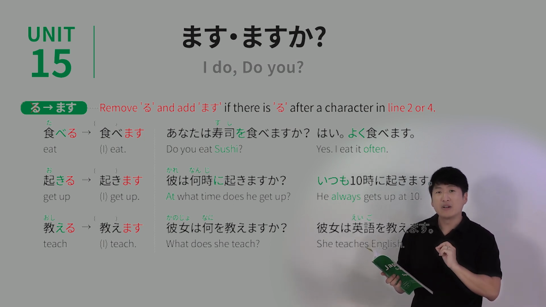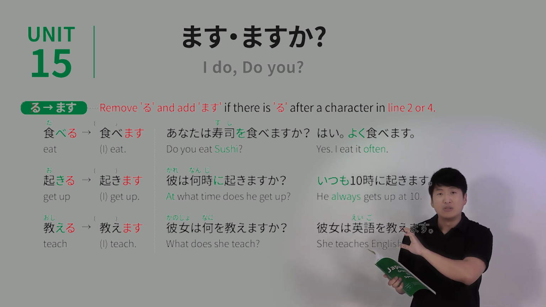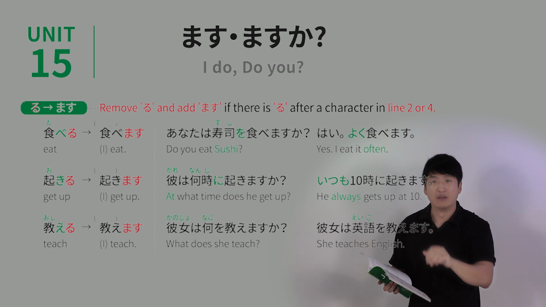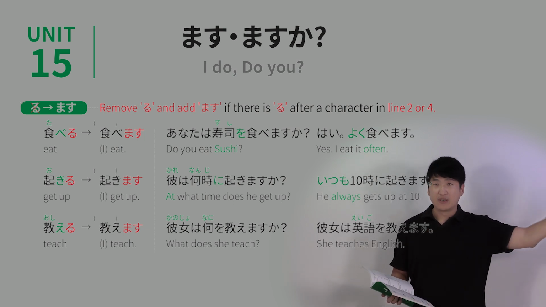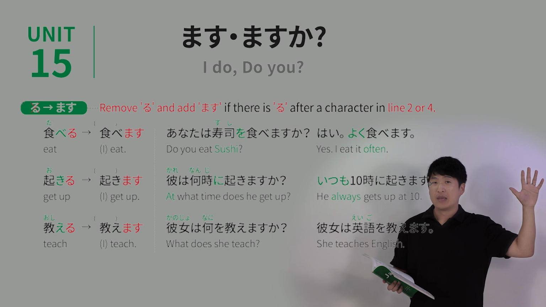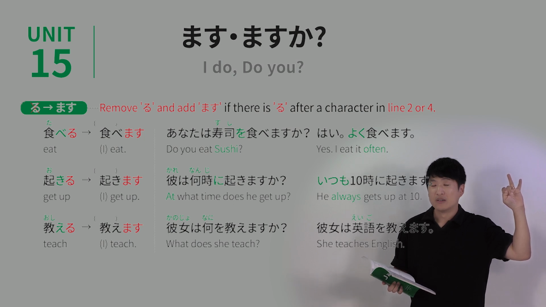So what am I talking about? 食べる. What did I say? Before る, what's there? べ, right? We want to use fingers and start counting. べ, like ば, び, ぶ, べ, ぼ. So it was 4, right? ば, び, ぶ, べ, 4.